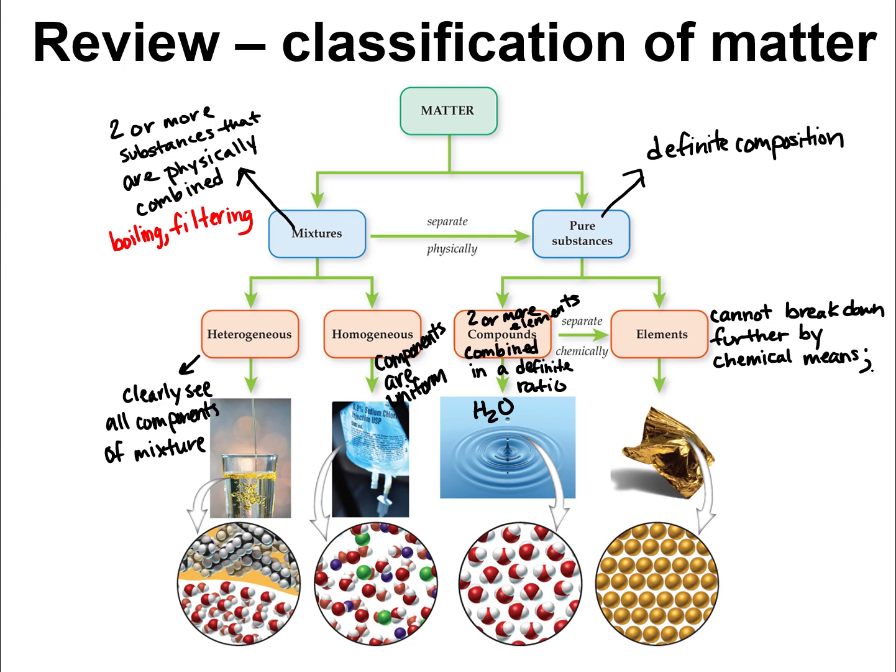And all the elements are found on the periodic table. So gold, for example, that is an element. You can't do anything to it to break it down into different components using chemical means.